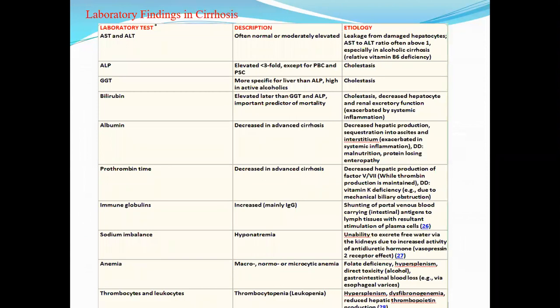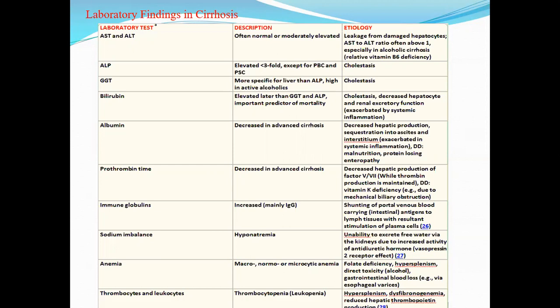So this table summarizes the lab abnormalities or findings in liver cirrhosis. AST and ALT, liver enzymes or liver function tests, we see the following. AST and ALT are either normal or moderately elevated.